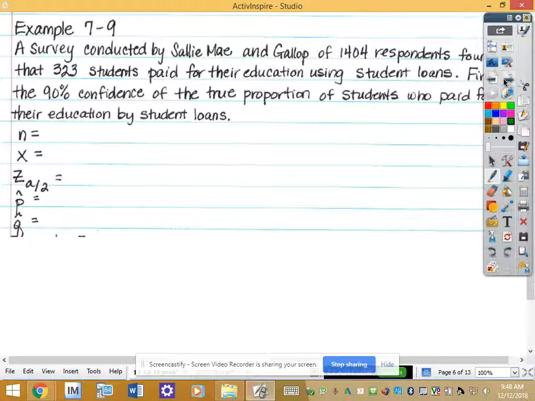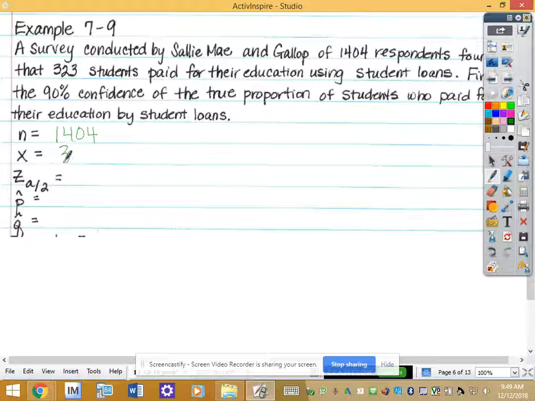Example 7-9, a survey conducted by Sallie Mae and Gallup of 1,404 respondents, so that's my N, found that 323 students paid for their education using student loans.